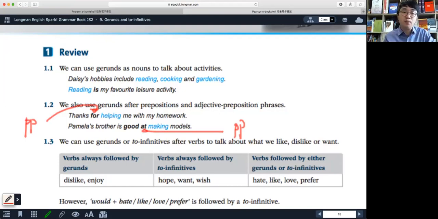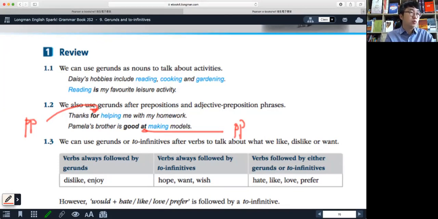Can you give me some more examples of prepositions now? We have for, at, in, on, after, a lot. There are lots of prepositions. I'm sure you know many of them. All right. So these are the first two ways of the usage of gerunds in sentences.